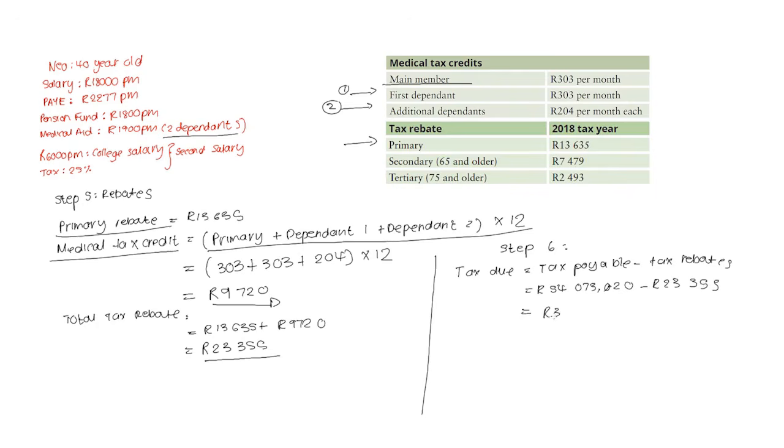And on simplifying the equation, we find that the tax due is 30,718 Rand 20 cents. School deducts 227 Rand PAYE monthly, as indicated.